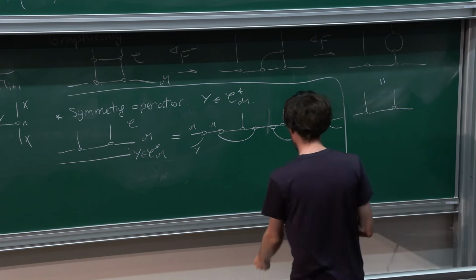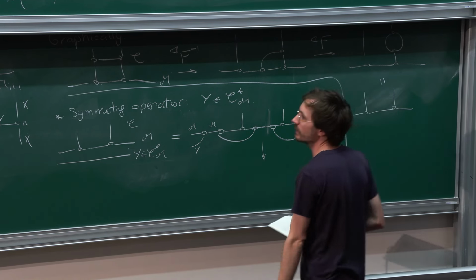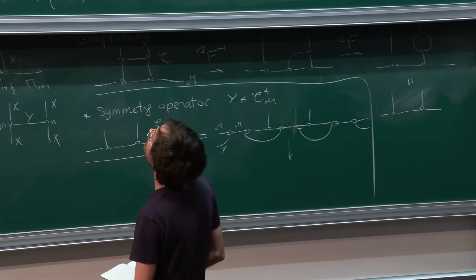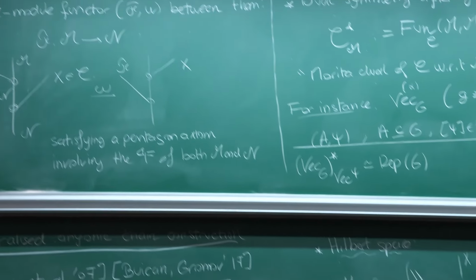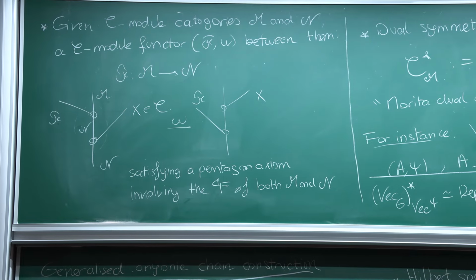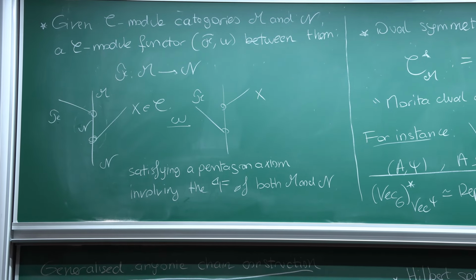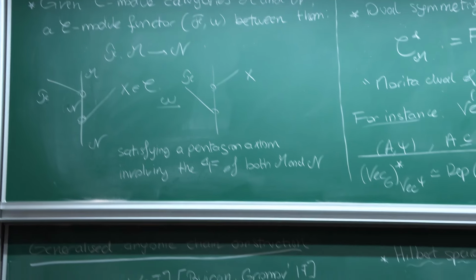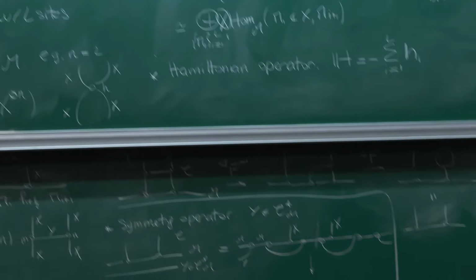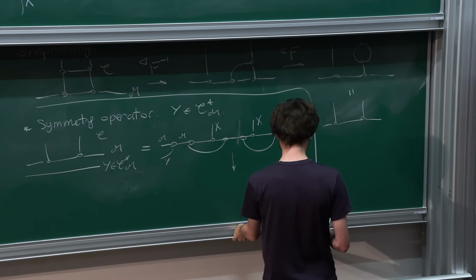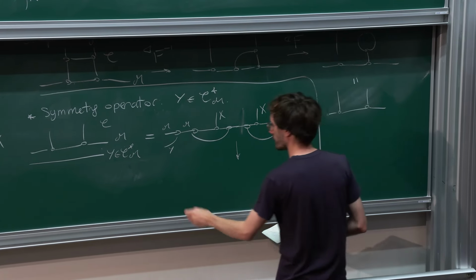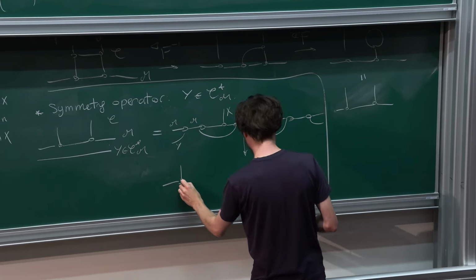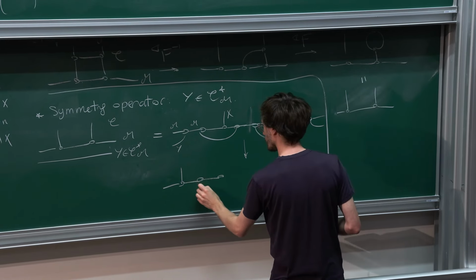And I can do that by using the move that is at the very top there, which allows you to pass a line given by the Morita dual past an object in C. It's this kind of commutation relation of the action with the action of an object in C.